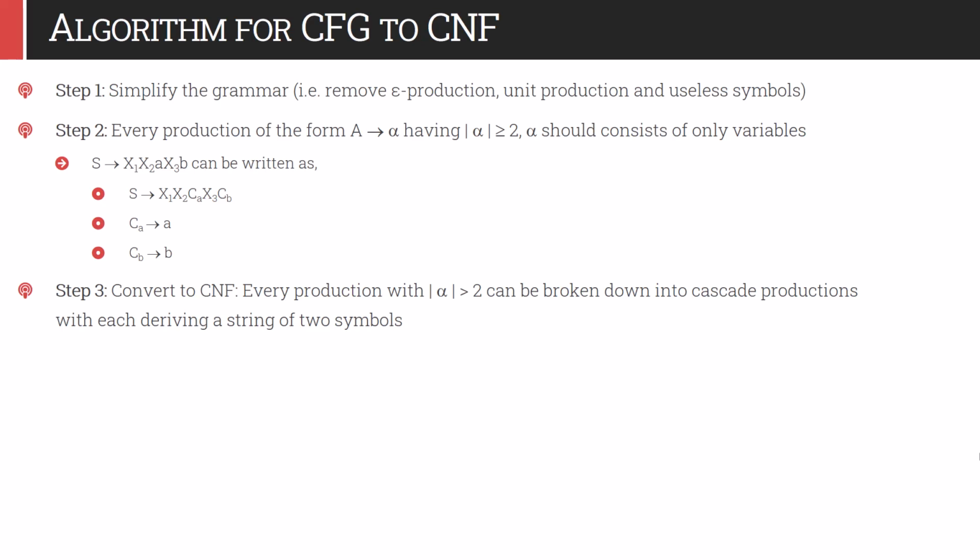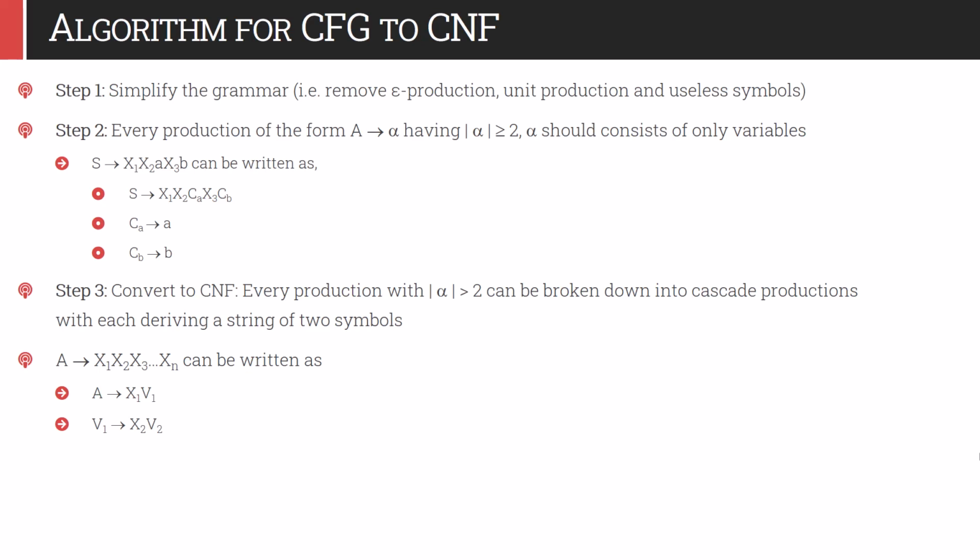So whenever it is greater than 2, we have to break it down. If our production is of the form, for example, A gives X1 X2 X3 up to Xn, then we can rewrite it as A gives X1 V1. So now A contains only 2 variables. This satisfies the condition for CNF, but V1 is not defined. V1 is ultimately X2 X3 up to Xn. But again, V1 has multiple symbols, more than 2. So we need to break down V1 into X2 V2. Then when we replace V1 in the production of A, it becomes X1 X2 V2.